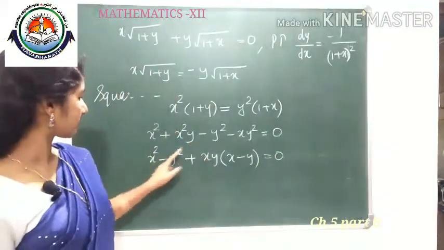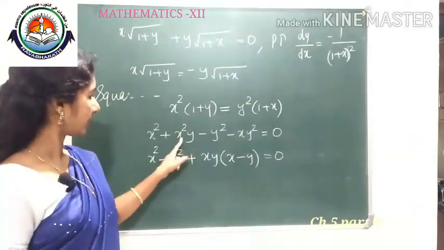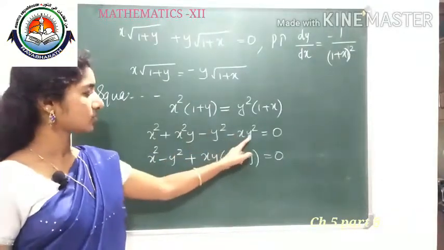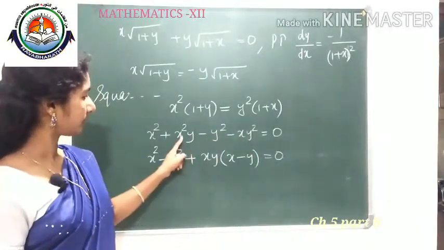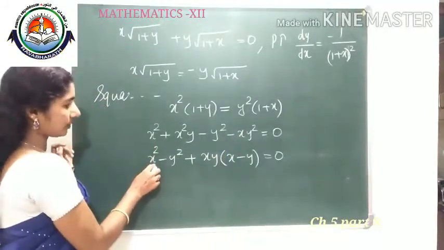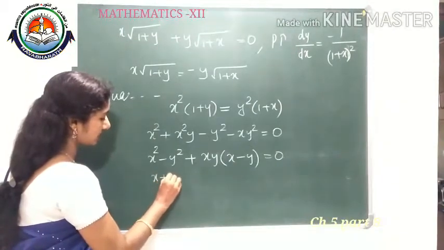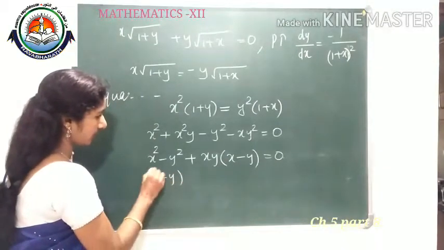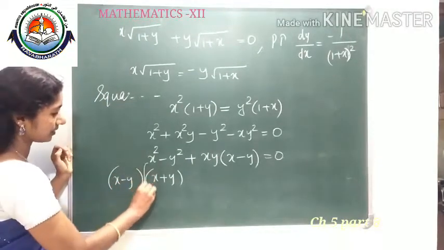x square minus y square I wrote together, x square y minus x y square, xy is common, so we wrote outside, and from here x minus y. Then this one we can write as (x plus y) into (x minus y). Here also x minus y, so I can take common factor x minus y from these two terms.